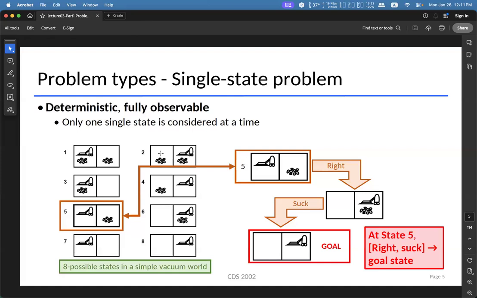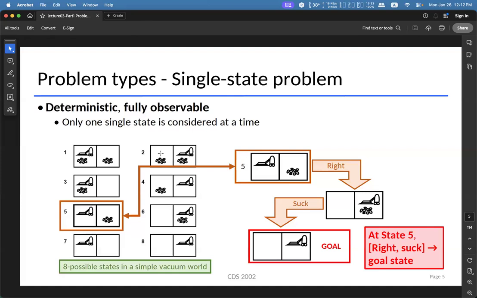That means we can list out all the possible transitions of state caused by the actions.